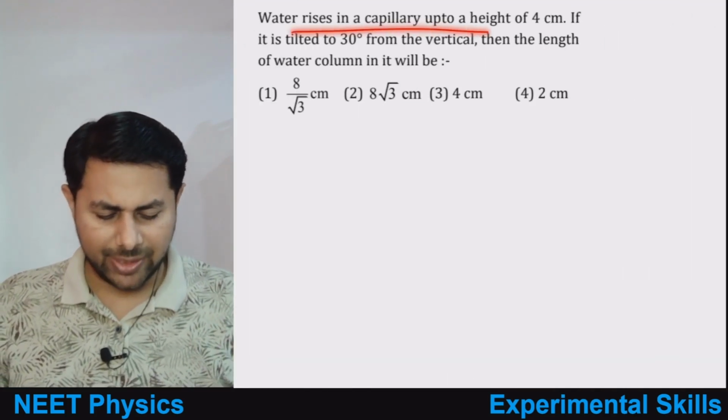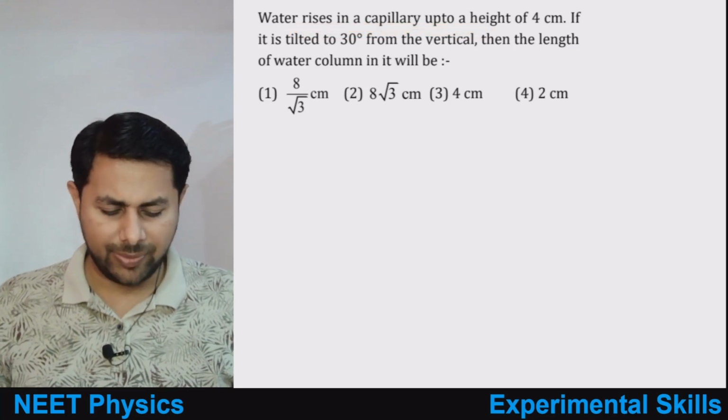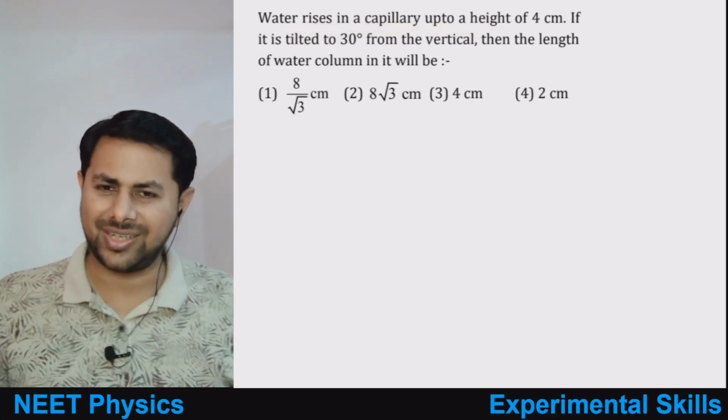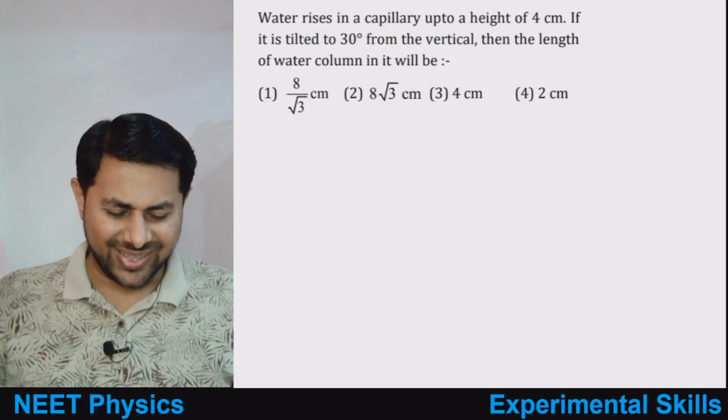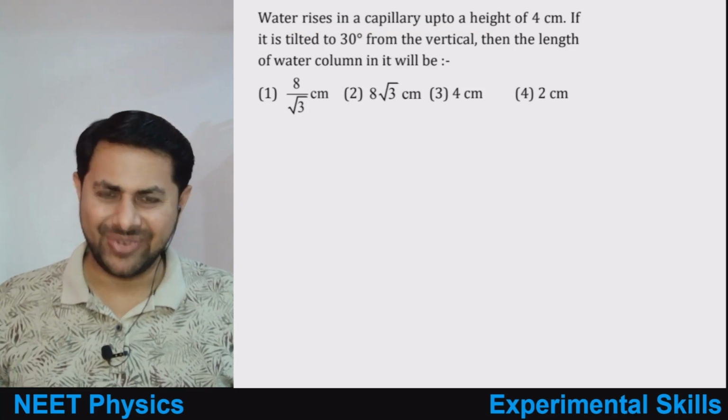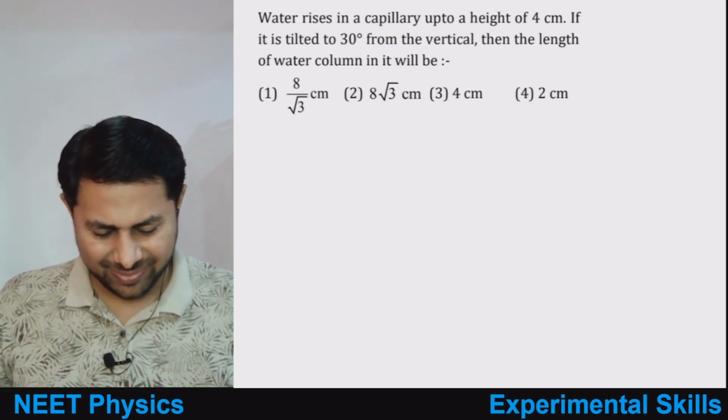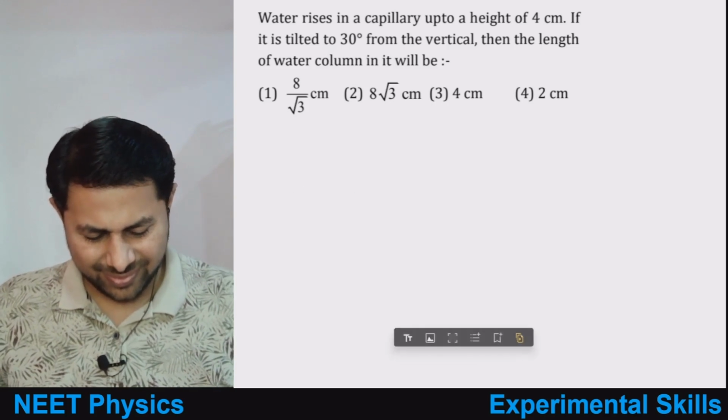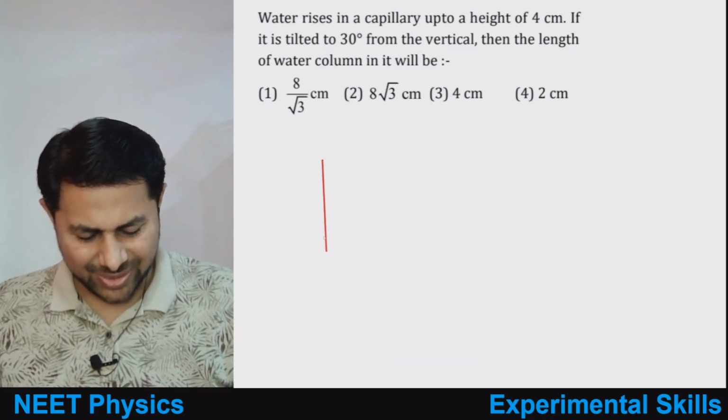Okay, let's see the next one. Water rises in a capillary up to a height of 4 centimeter. If it is tilted to 30 degrees from the vertical, then the length of the water column in it will be, tell me. So water rises to some height.